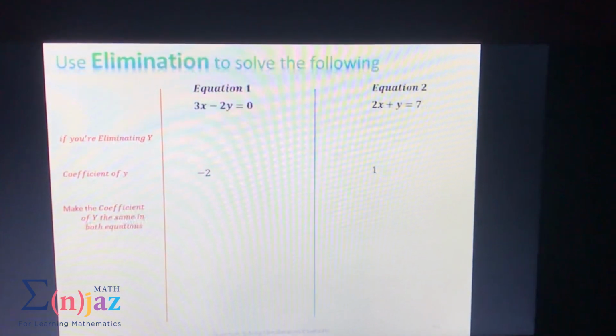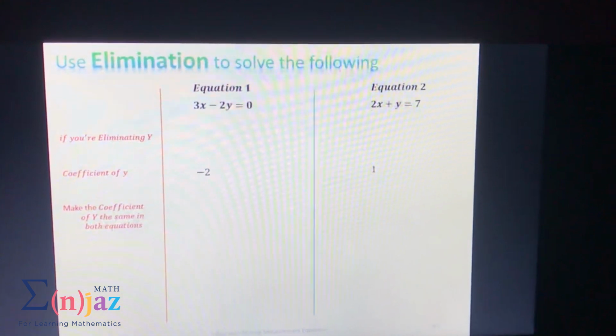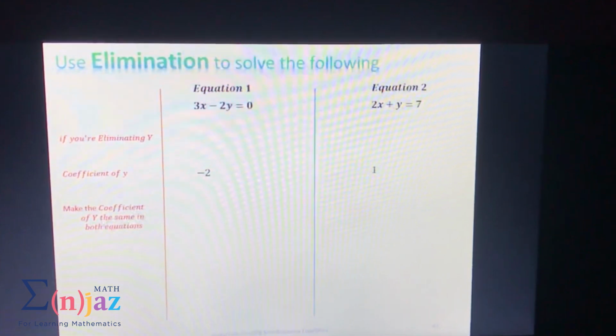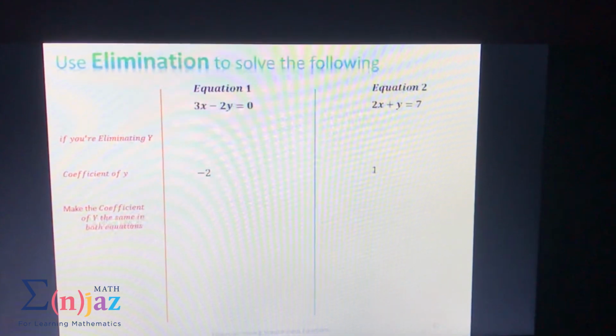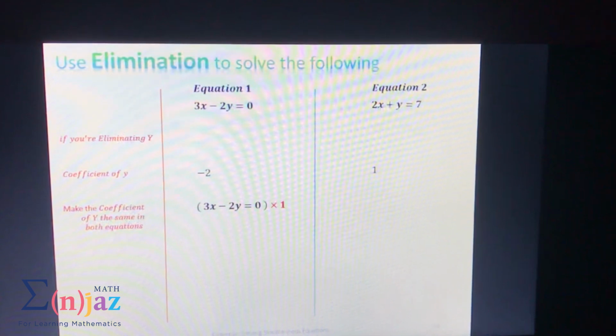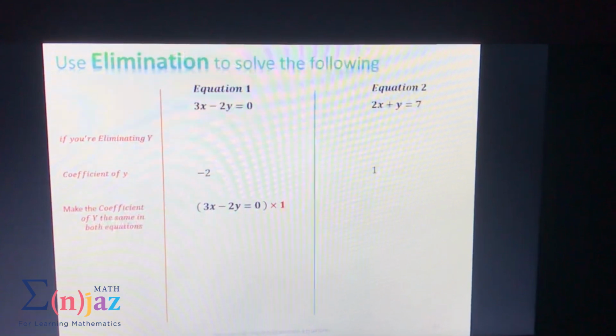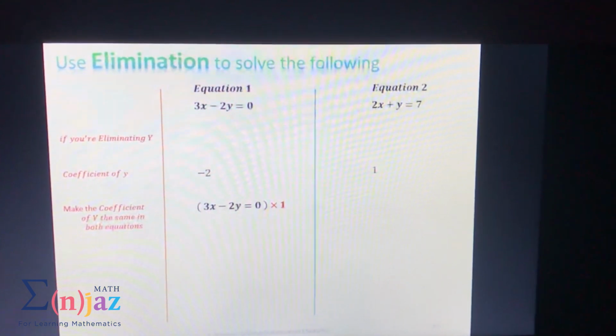Now, make the coefficient of y the same in both equations. So we're going to multiply the first equation by 1, but anything multiplied by 1 is going to remain the exact same. And we're going to multiply the second equation by negative 2.